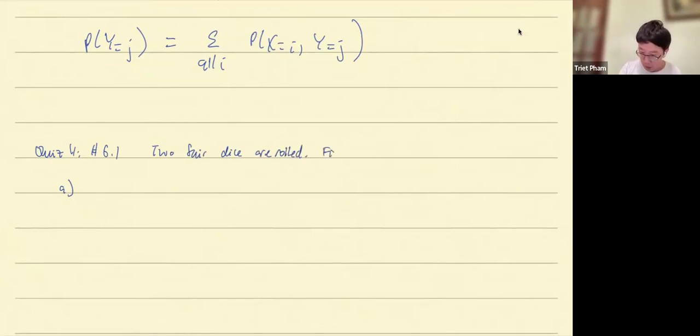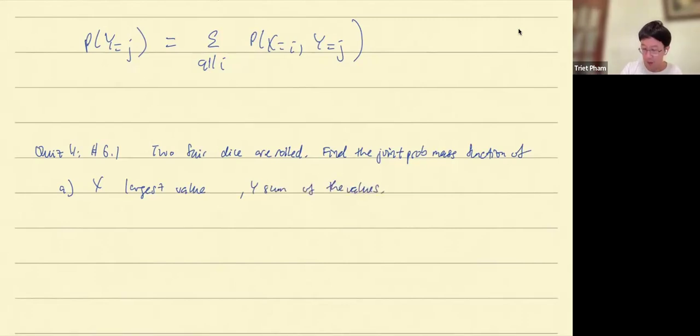Find the joint probability mass function of x, the largest value on any die, and y, the sum of the values. Let's just look at this question and we'll continue next time.